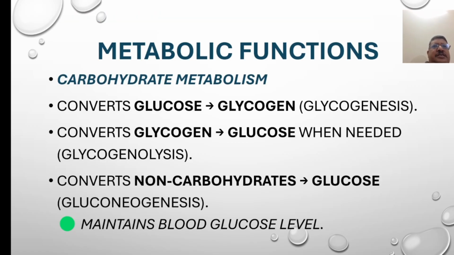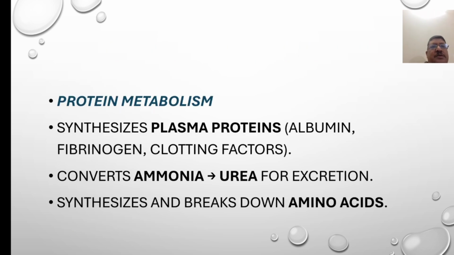Metabolic functions: carbohydrate metabolism, convert glucose to glycogen, that is glycogenesis, convert glycogen to glucose when needed, that is glycogenolysis, convert non-carbohydrate to glucose, that is gluconeogenesis, maintain blood glucose level.